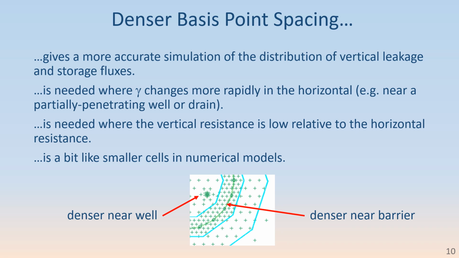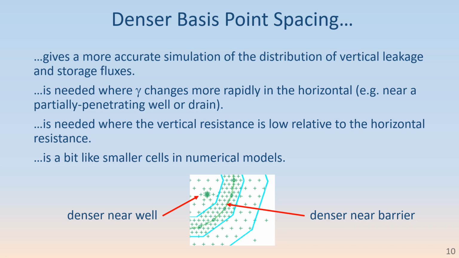For example, if you're right close to a pumping well or a partially penetrating well, or close to a feature like a drain or a recharge trench. And you'll also need denser basis point spacings where the vertical resistance to flow is relatively lower. And this is somewhat akin to smaller cells or elements in numerical models.